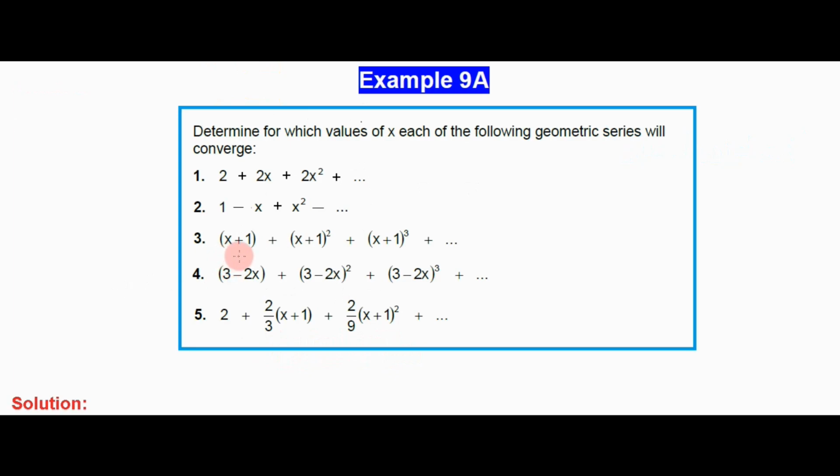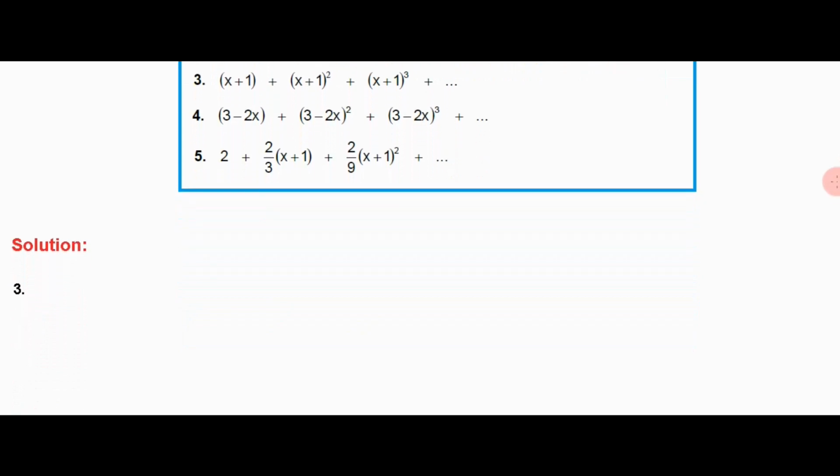Then looking at number 3, we have x plus 1 plus x plus 1 all squared plus x plus 1 all cubed, and so forth. We can find r, the common ratio, by taking term 2 divided by term 1. So the x plus 1 in the denominator will cancel into the numerator. And we're left with x plus 1.